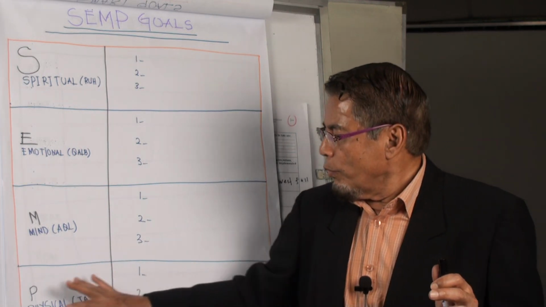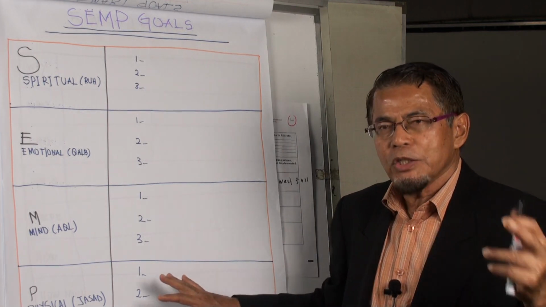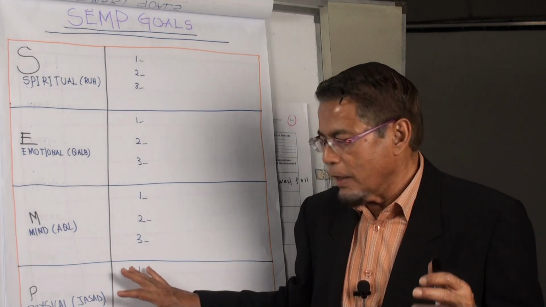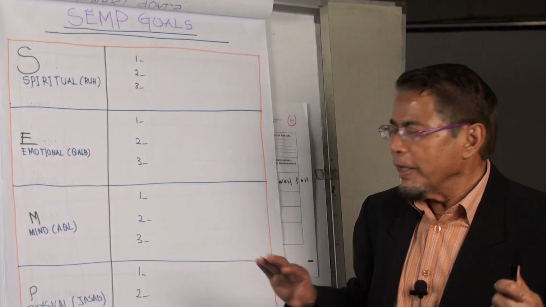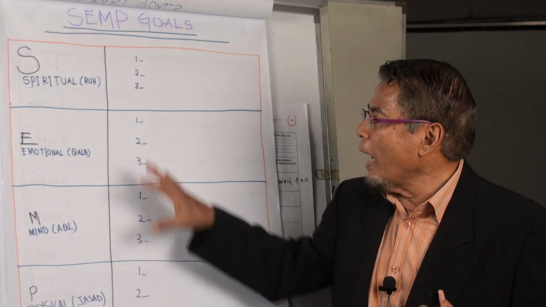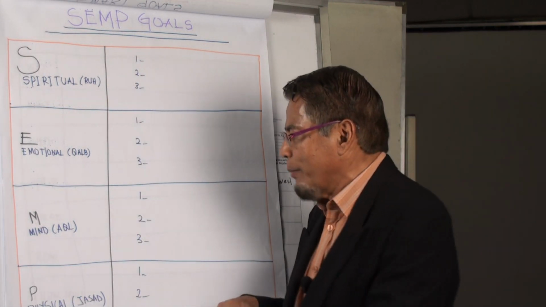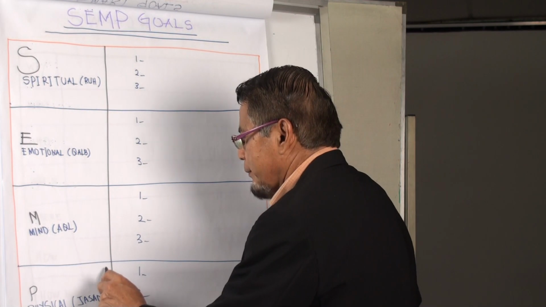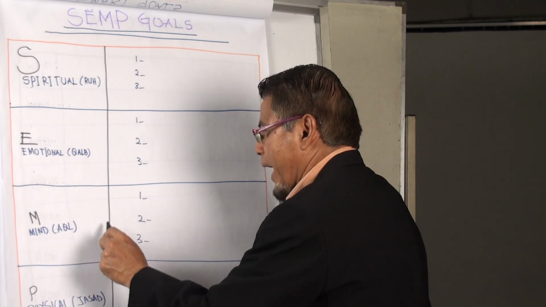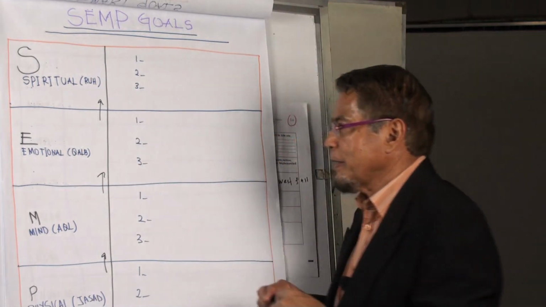So this physical goal, I'll give you another chart at a later video, is something that you have to explore. No doubt, our role is SEMP. We start with the P and then we move upward, the M aspect, the E aspect, then finally the S aspect, the spiritual aspect.